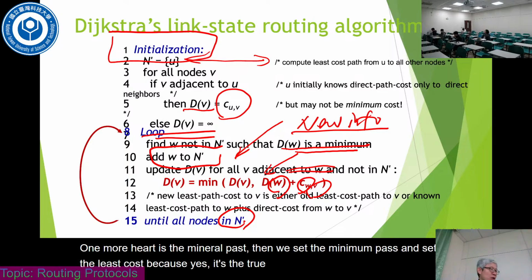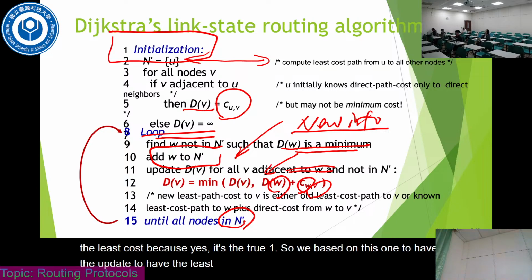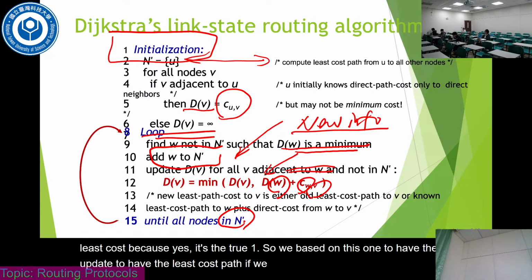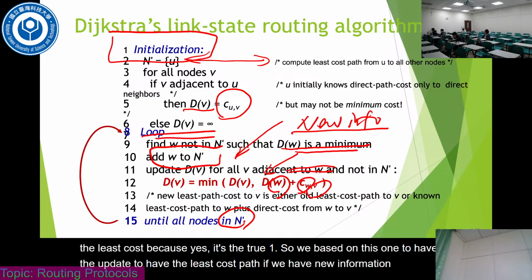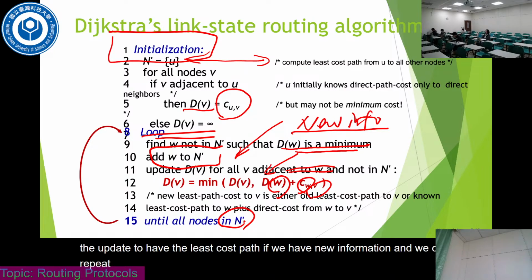So based on this, we update the least cost path if we have new information. And we can repeat the operation until all nodes are contained in N prime.